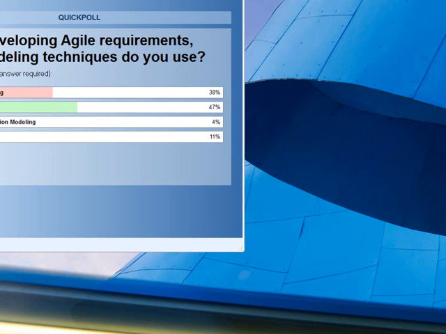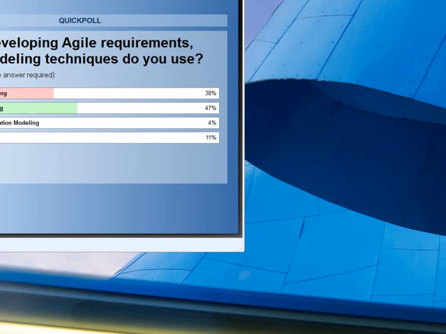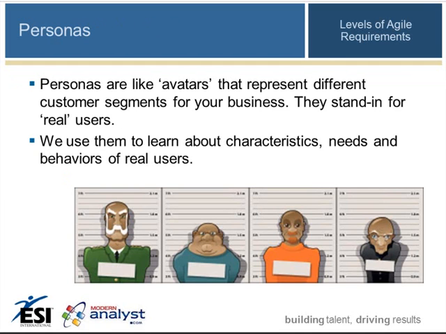All right, let's talk about personas. So here's an element of the Agile project approach, which probably will ring true for many of you who are BAs. The persona is representative of a customer segment or a user of a future system. They're stand-ins. In Agile, we can actually have a lot of fun with this. We can build them out as cartoon characters or take an actual photograph of someone on the team and play it up a little bit.